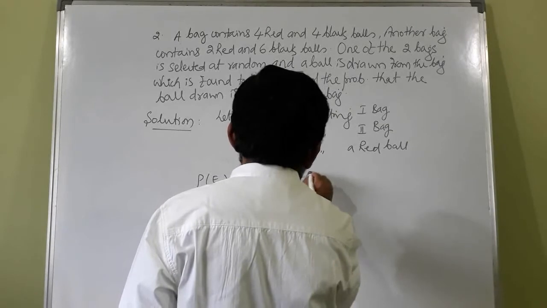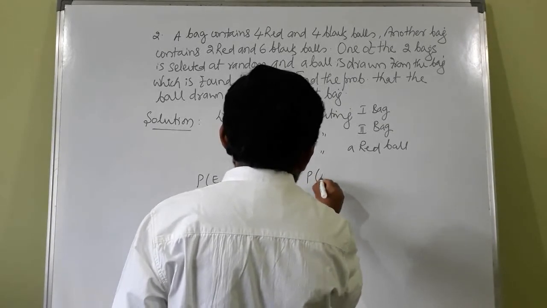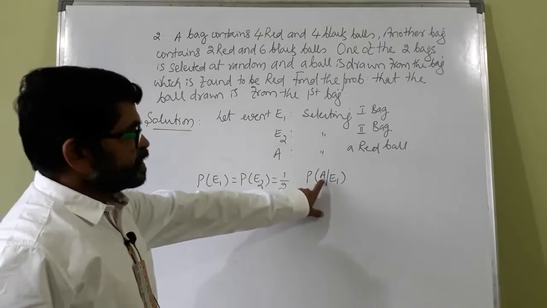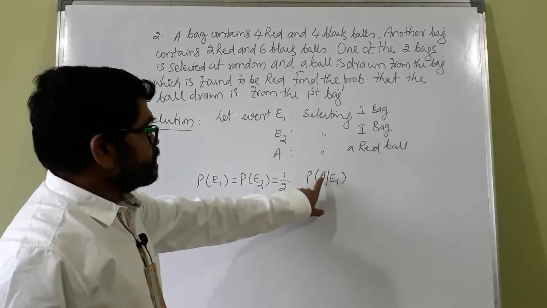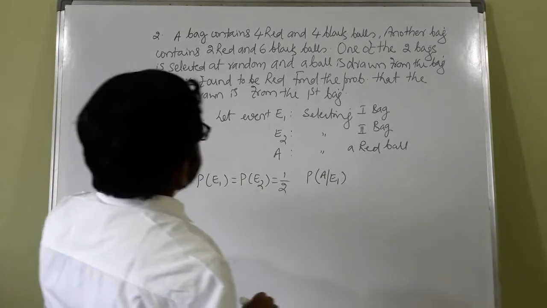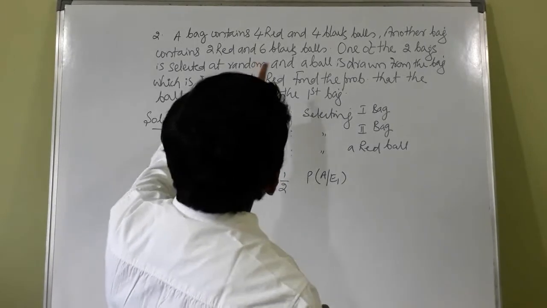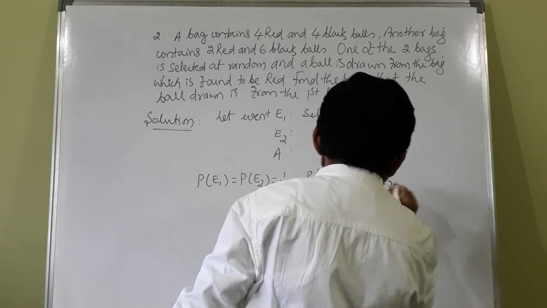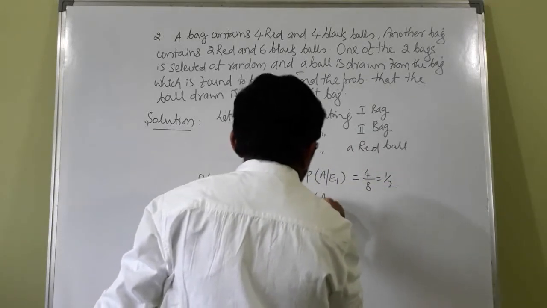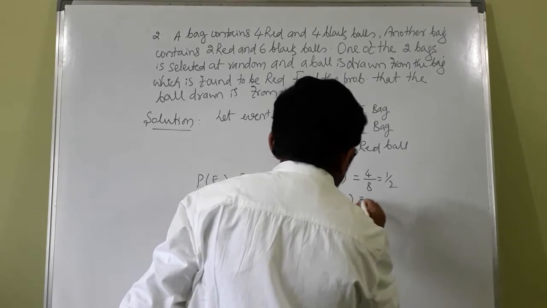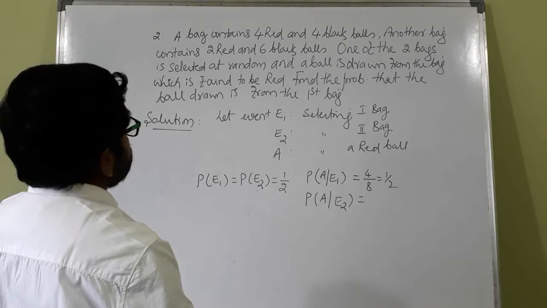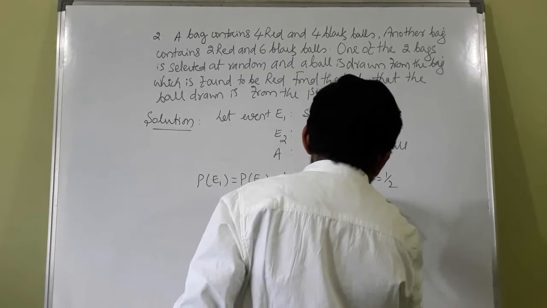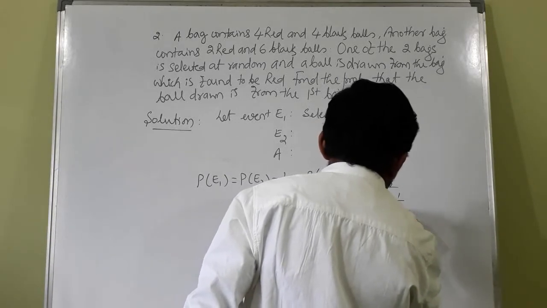Now probability of selecting a red ball from the first bag, A given E1: the first bag contains 4 red, 4 black, so 4 by 8, that is half. Probability of selecting a red from the second bag: 2 red, 6 black, 2 by 8 is 1 by 4.